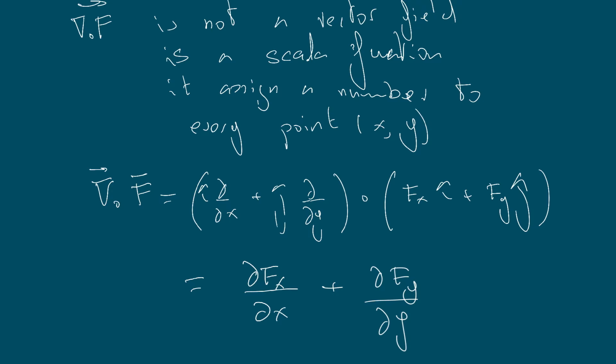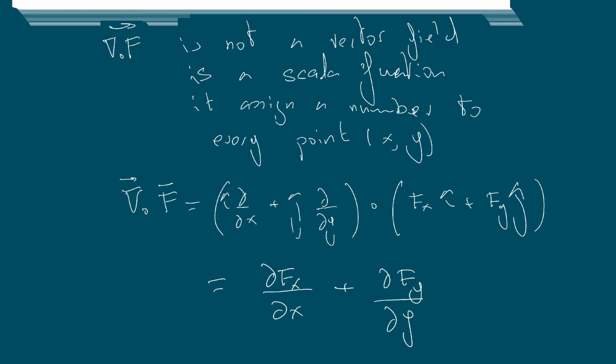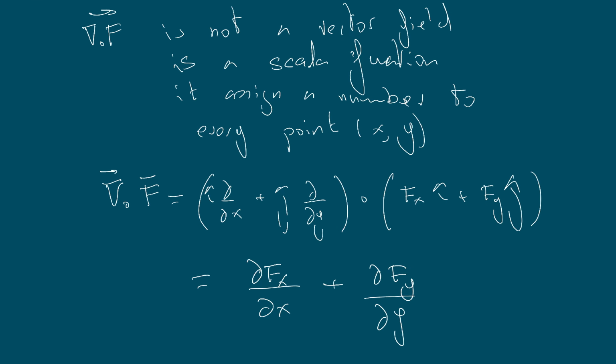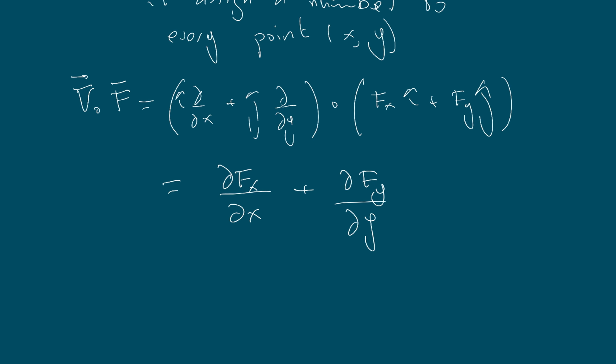So let's find the divergence. And what does it mean, the divergence of a vector field? It means to find the divergence of a vector field at a point x comma y.